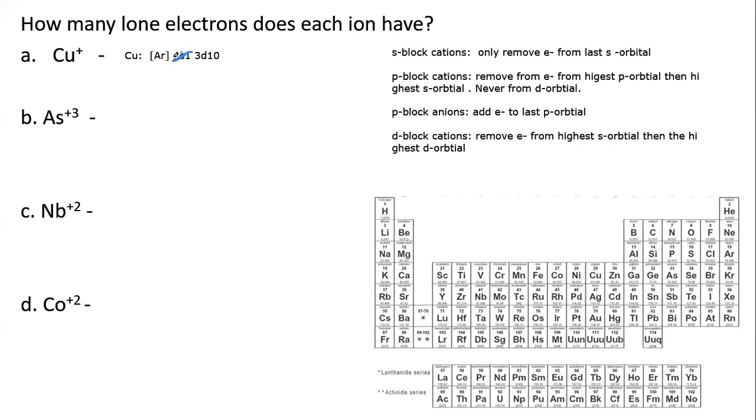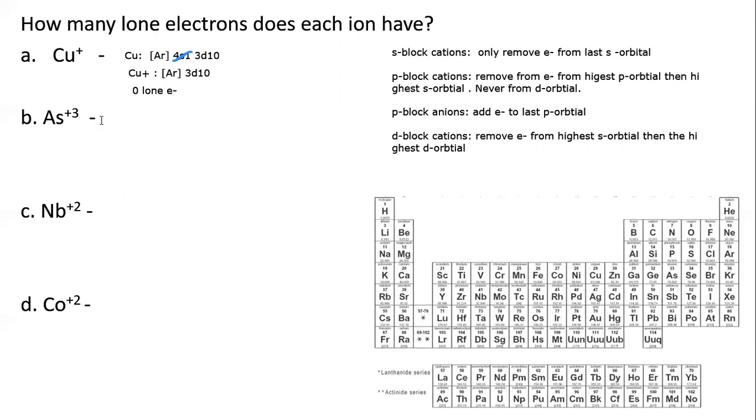So we're going to get rid of this one electron in the 4s. So then copper plus is argon 3d10. And since copper plus is a completely filled d orbital, it has 0 lone electrons. So that's copper plus.